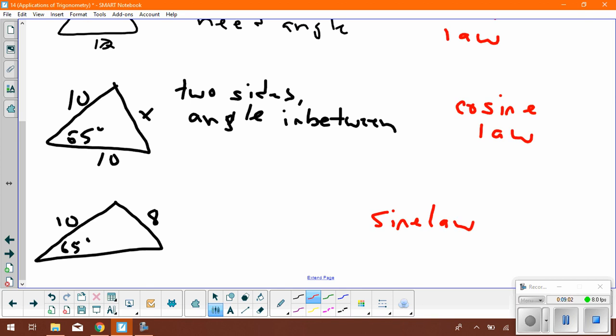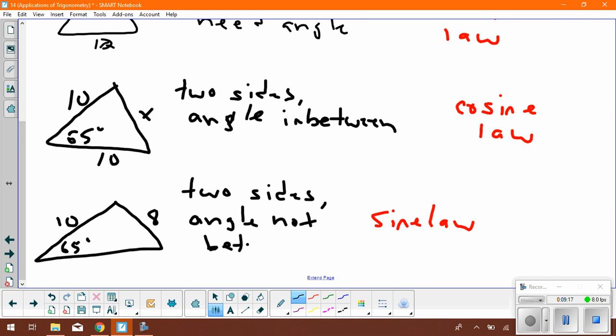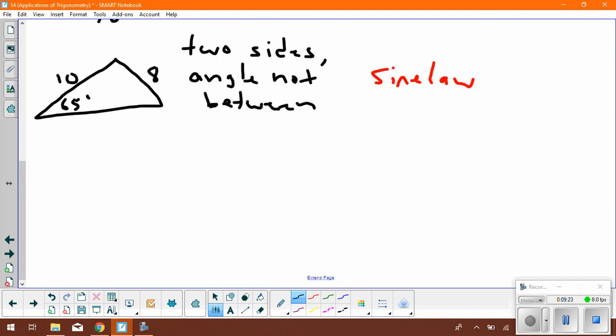This one is two sides, angle is not between. Okay, so something like that.